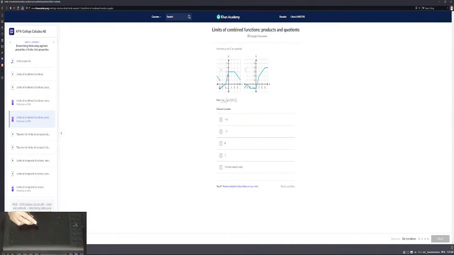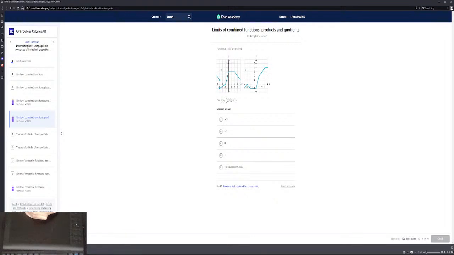This one, there's a jump discontinuity. However, the result would be the same no matter what, because the limit as x approaches negative 3 of the f function is 0.